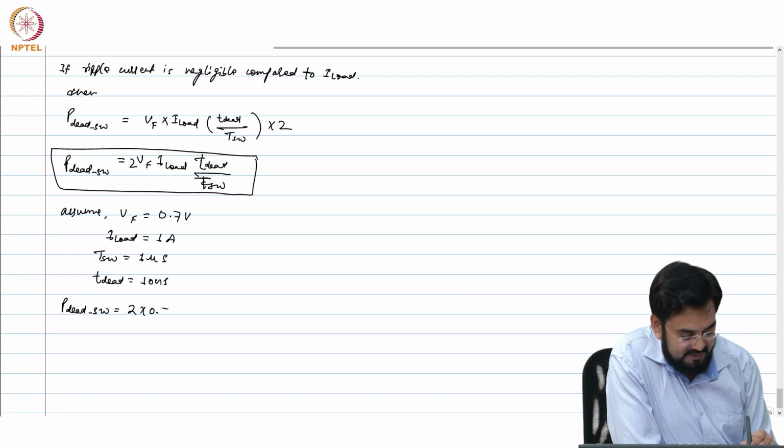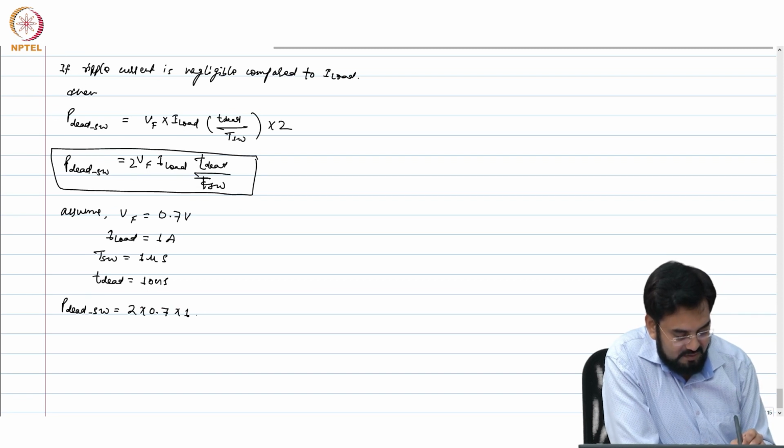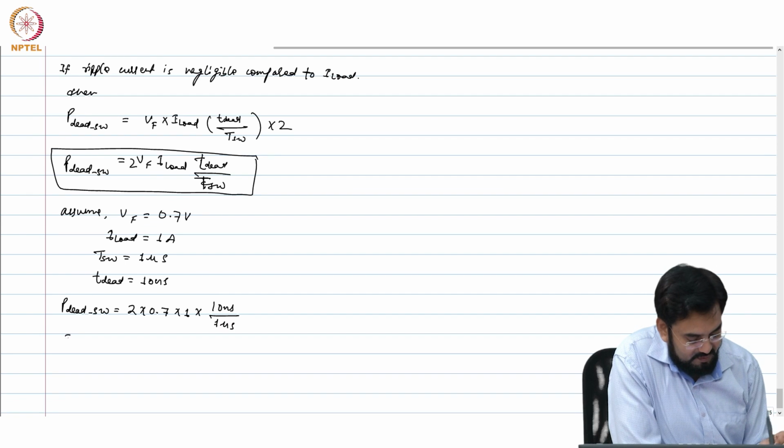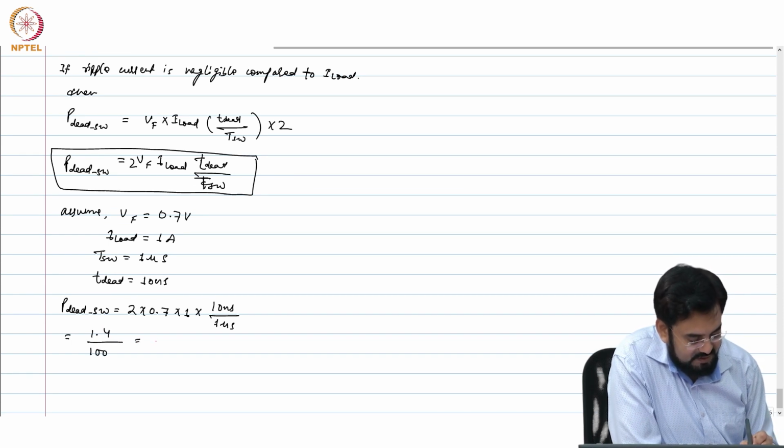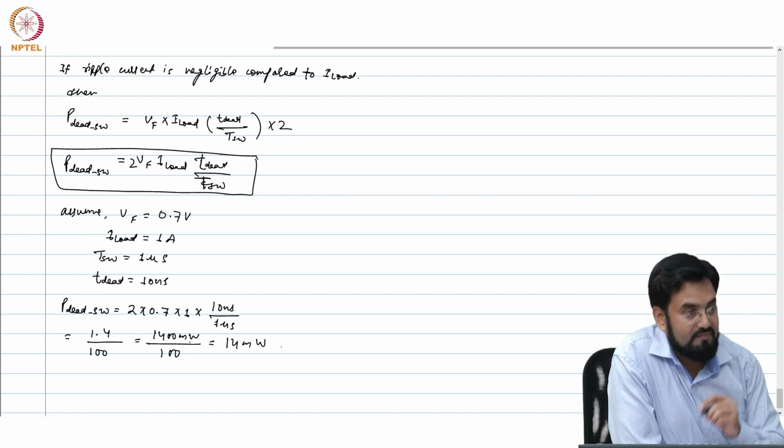Two into 0.7 into 1 into 1%, which is 1.4 divided by 100. How much? So 1400 milliwatt divided by 100, 14 milliwatt. Okay, correct.